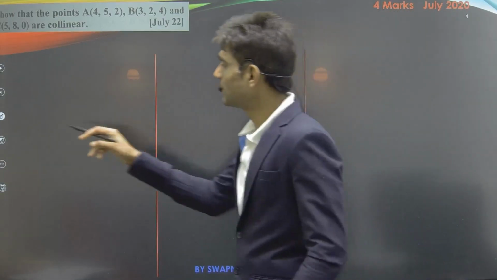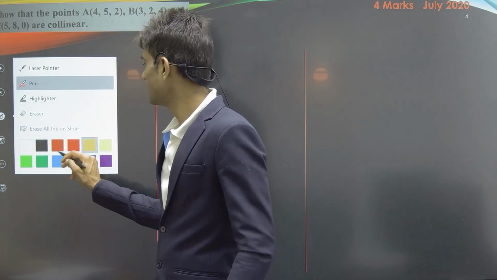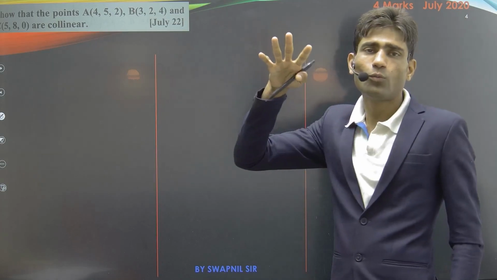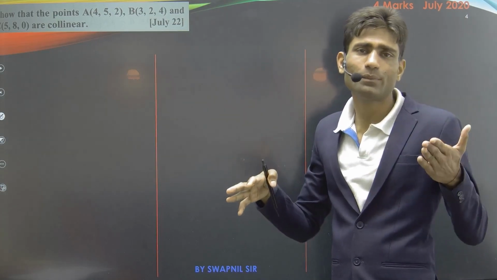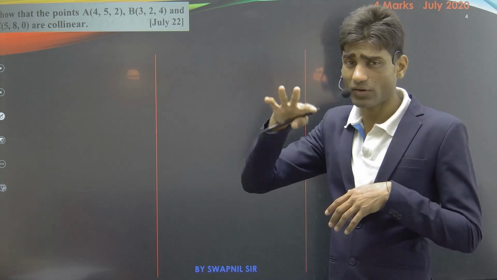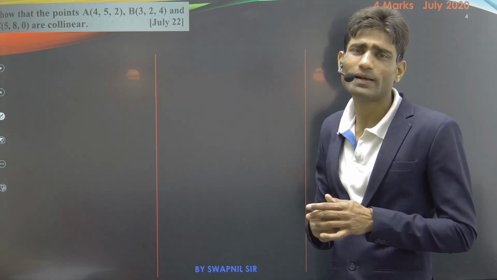Now let me explain the condition for collinearity. I have position vector a bar and position vector b bar. These two vectors are collinear, just for your understanding.